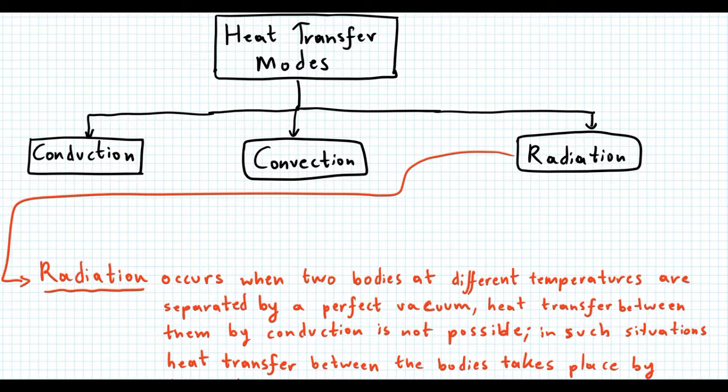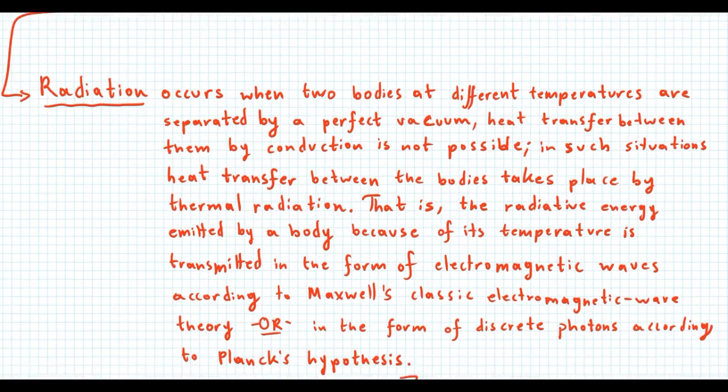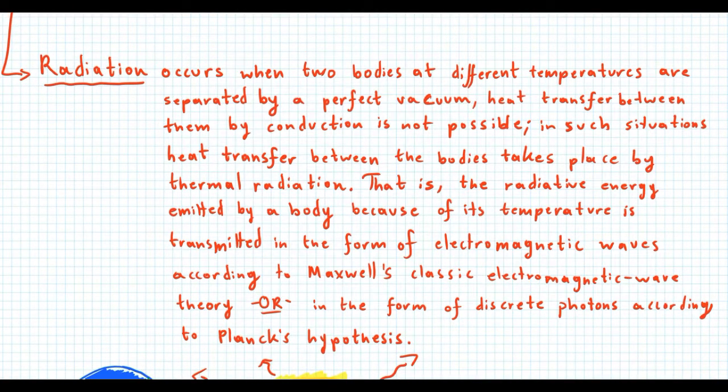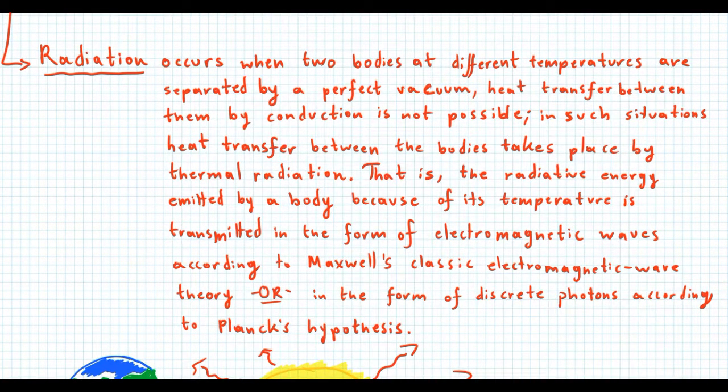So now, looking at radiation, the last mode by which heat can transfer, let's look at the definition as follows. Radiation occurs when two bodies at different temperatures are separated by a perfect vacuum. Heat transfer between them by conduction is not possible.